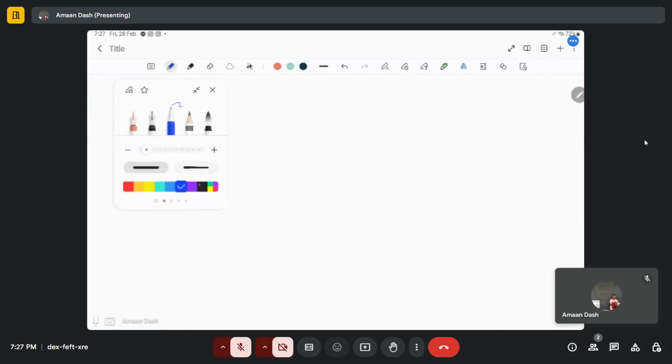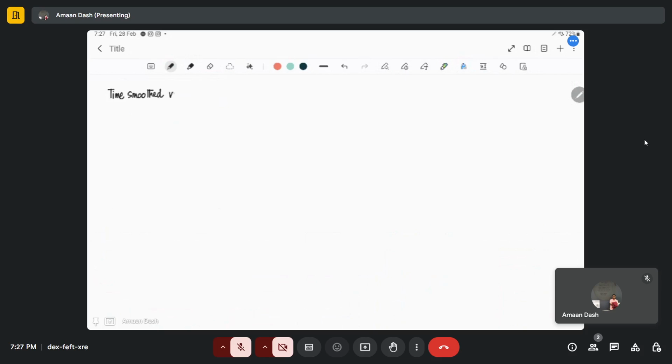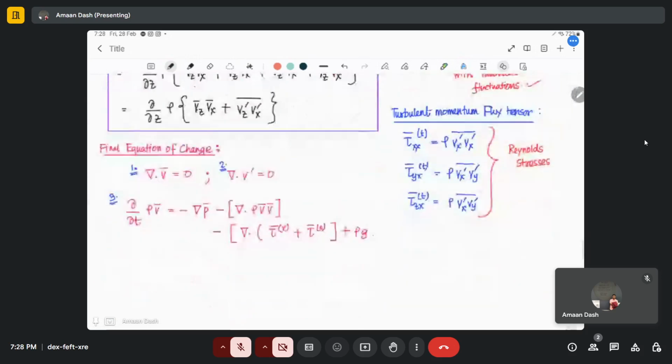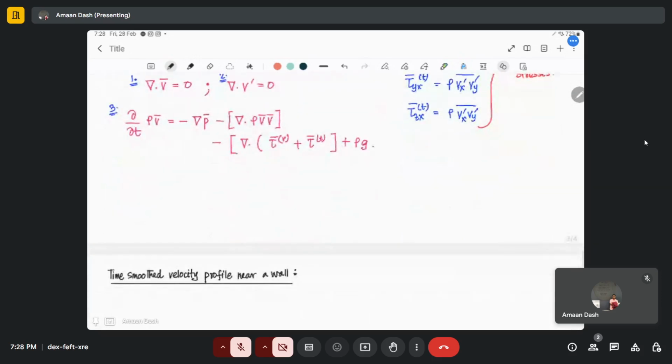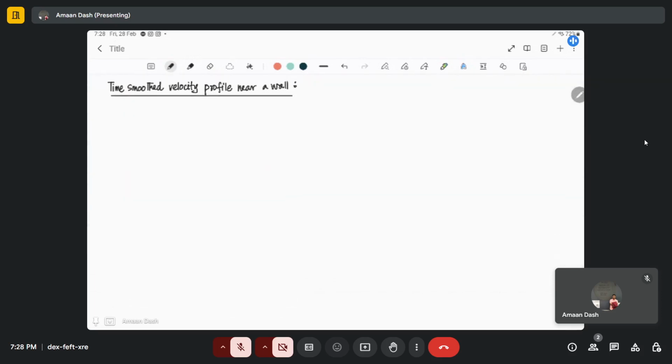So let us see. Why I'm taking this example is, before going into the empirical relation for these Reynolds stresses, it is first important to see that there are some cases where we do not need these empirical relations.